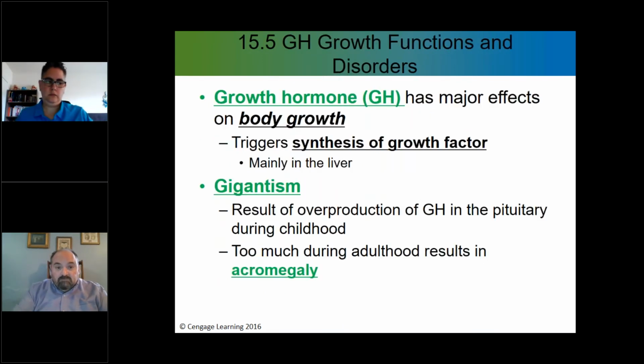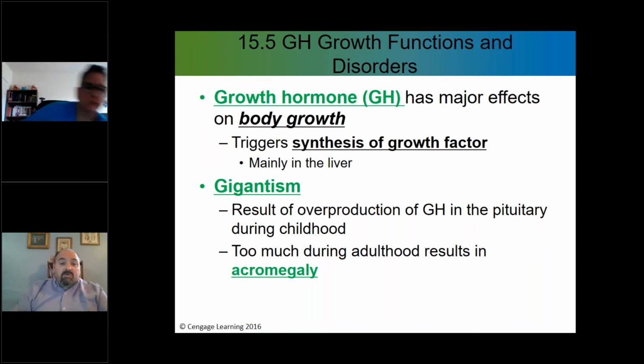So let's look at growth hormone, which I think you're all familiar with. You've seen people who are quite tall, and sometimes it's a result of genetics, and sometimes it's a result of issues with the pituitary gland, kicking out too much growth hormone.